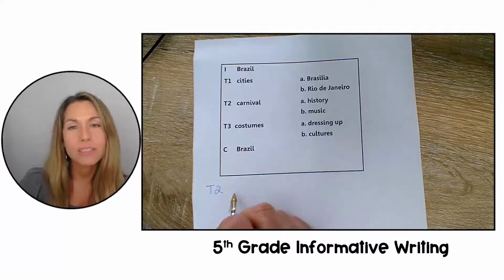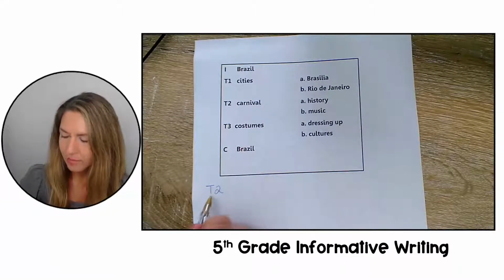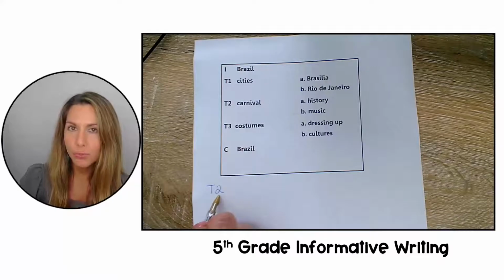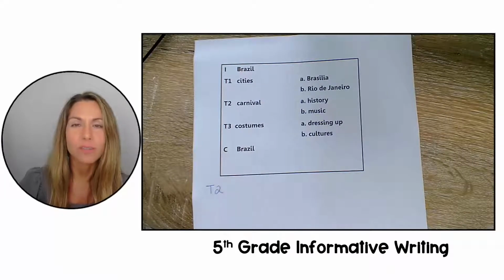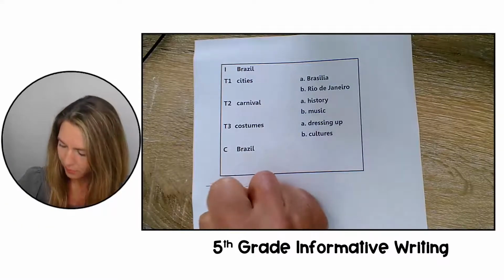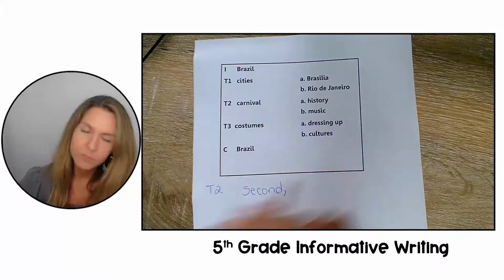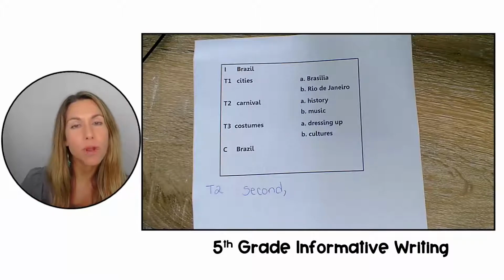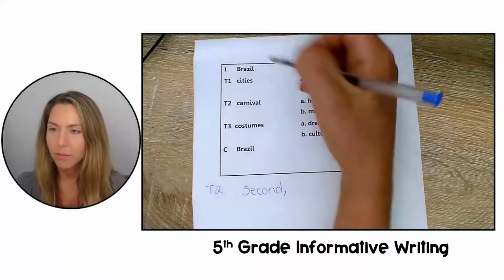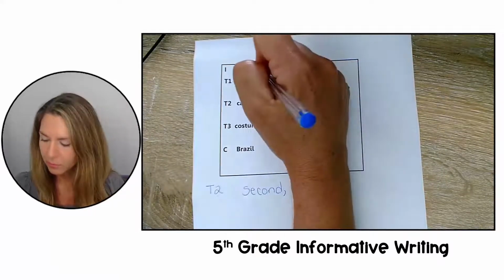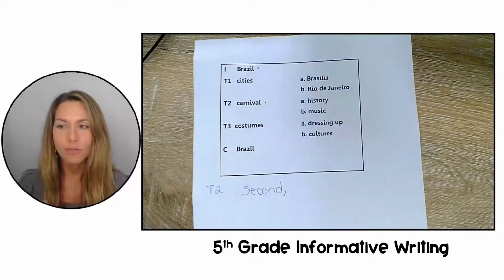So I'm going to start with a transition. Since it's T2, I'm going to start with the transition word second. So I will say second, comma, then I'm going to mention the prompt and the topic. So I'll mention Brazil and Carnival.